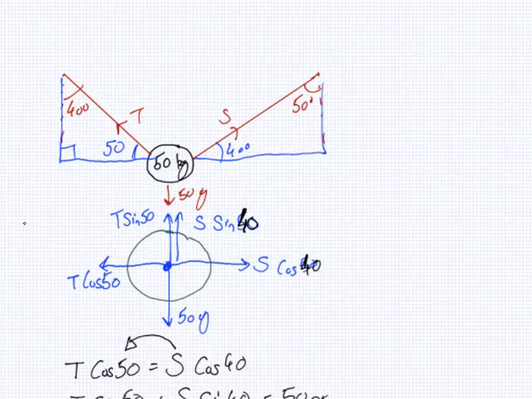But then this should be going down. Look, this is the wall and that is the ceiling. So if it hangs from the wall, it would be like this. But if it hangs from the ceiling, it would be like this.